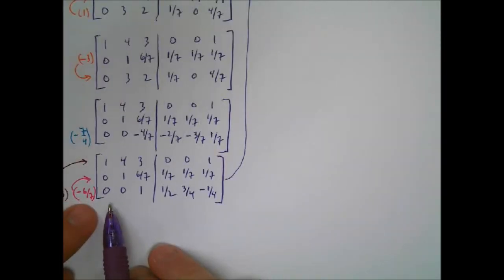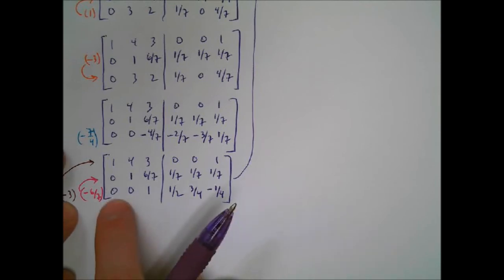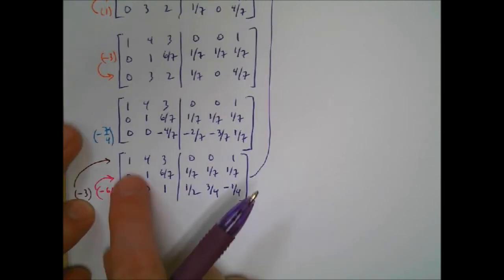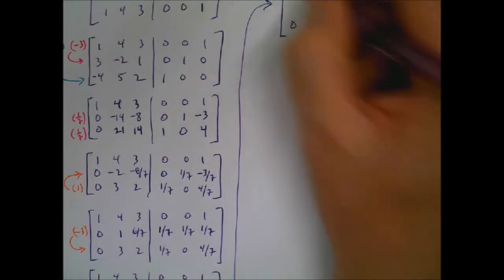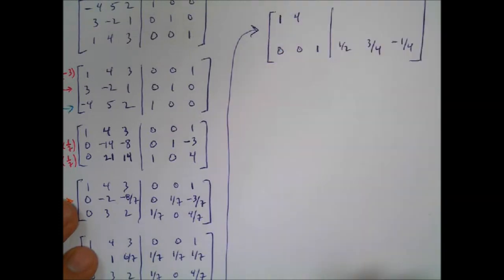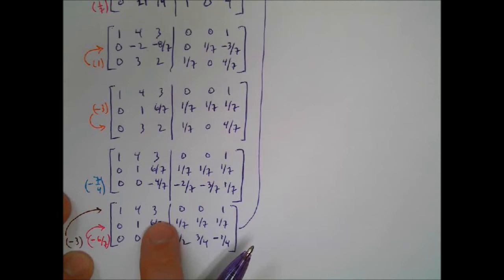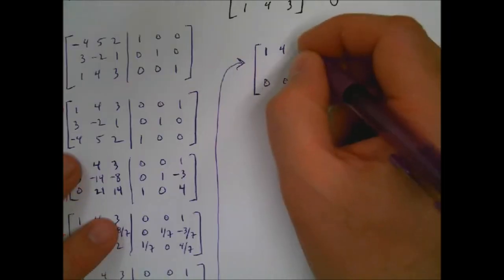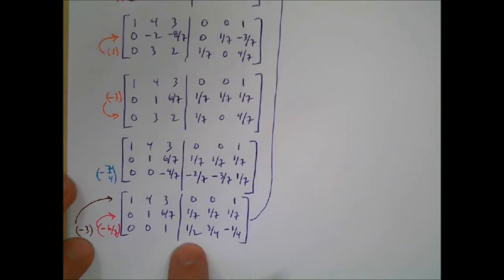Okay, now let's do the top row first. The top row is going to be easier. So 0 plus 1, 0 plus 1 is 1. 0 plus 4 is 4. Negative 3 plus 3 is 0. Okay, now the hard work begins.